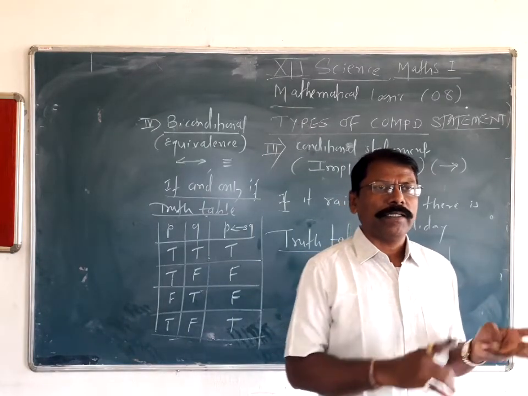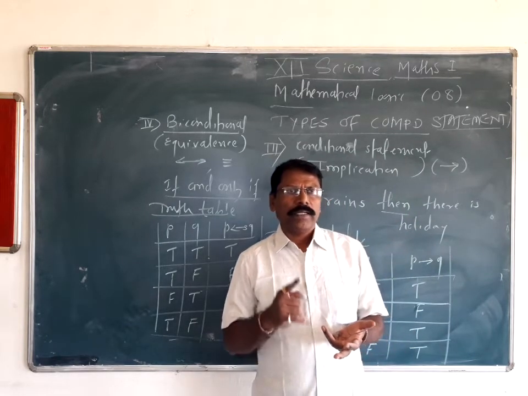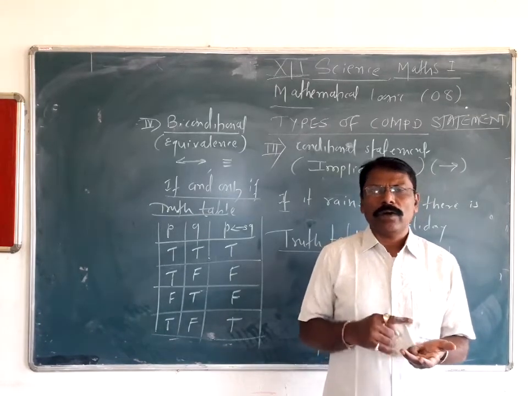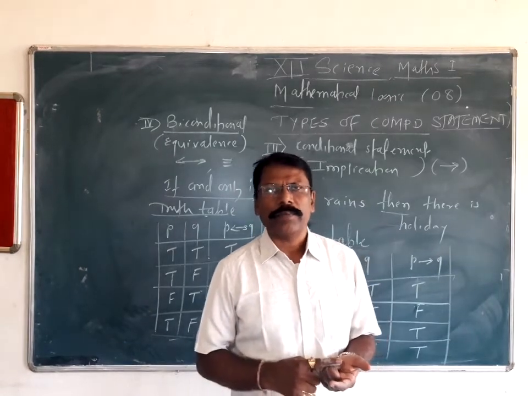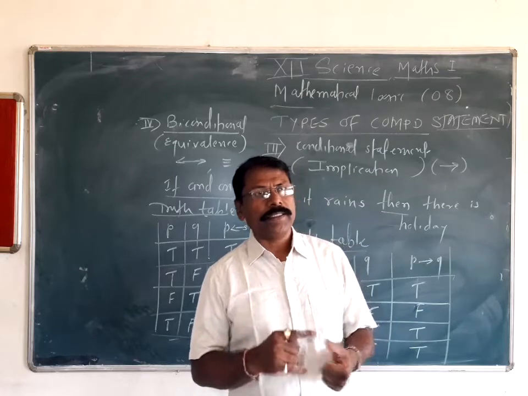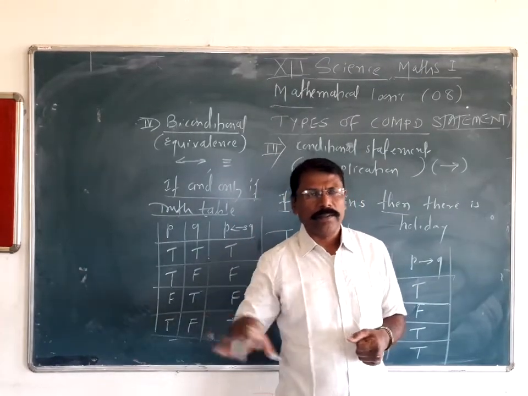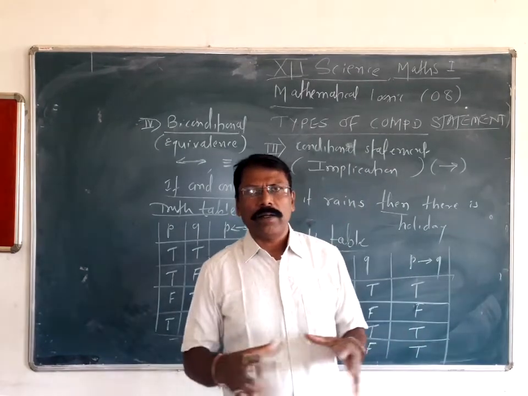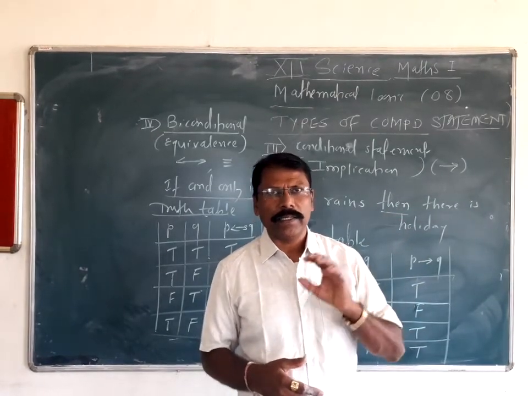The first compound statement is negation, which is obtained by the logical connective not. Second is conjunction, obtained by the logical connective and. Third is disjunction, obtained by the logical connective or. Fourth is implication, obtained by the logical connective if then. And fifth is material equivalence or double implication, obtained by the logical connective if and only if.